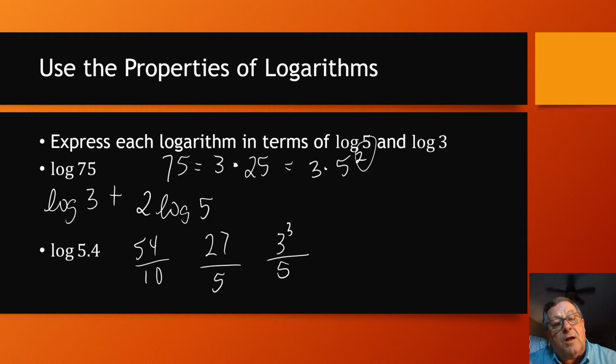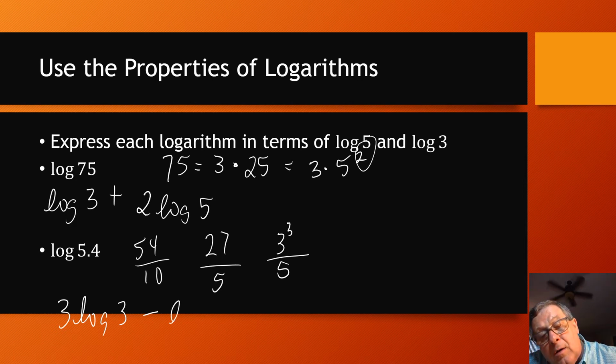So I can express the log of 5.4 as, I'm going to use the power property, bring that 3, the cubed, out front. Let's say we've got 3 times the log of 3 minus, because I'm dividing, the log of 5, quotient property.